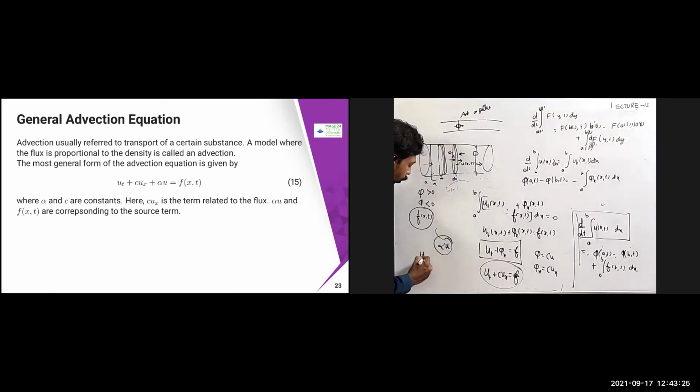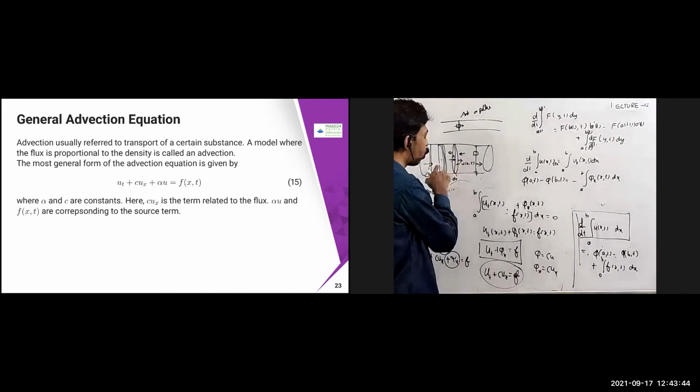So in that case, you are going to split this f into two parts. One is going to be alpha u, another is going to be the remaining part. So you are going to get u_t plus u_x plus alpha u equal to f. This is nothing but the advection part, where the flux is proportional to whatever the u is.